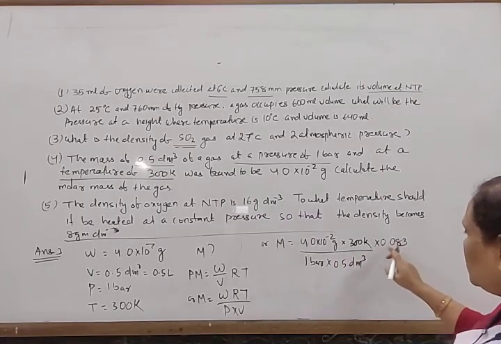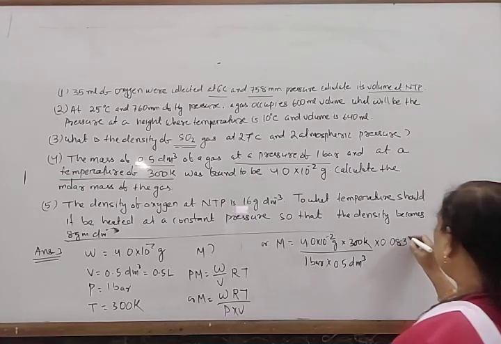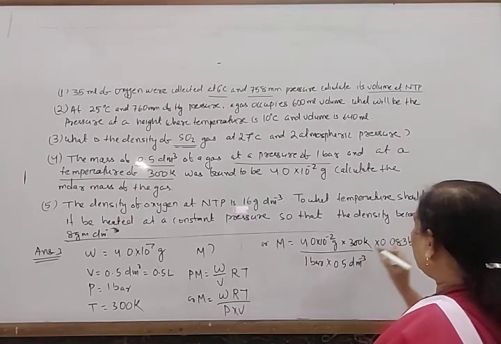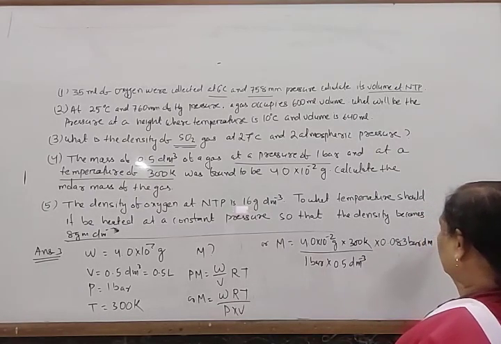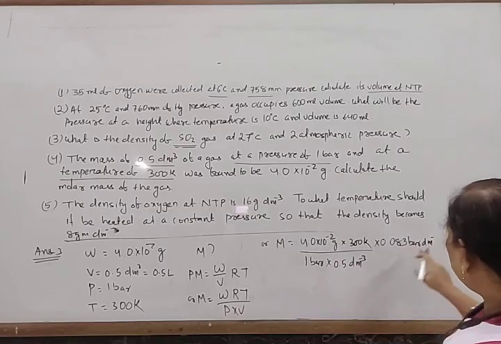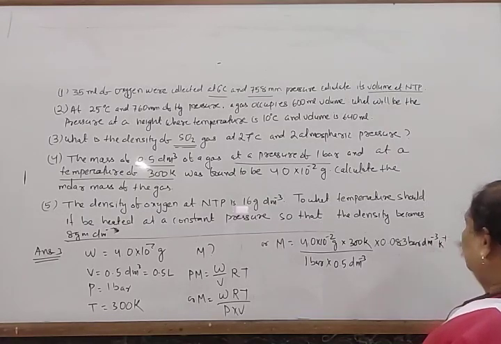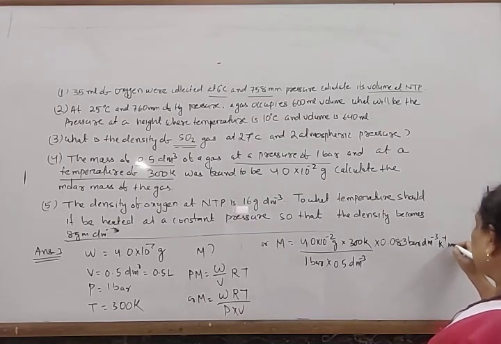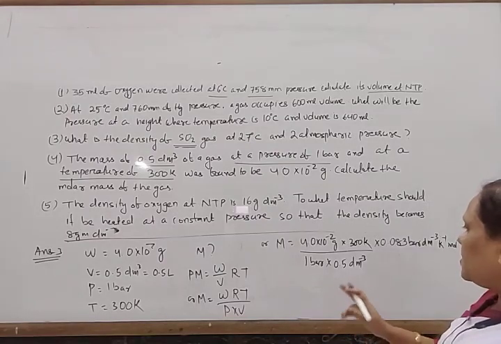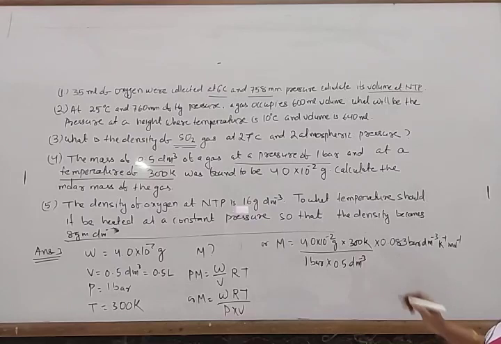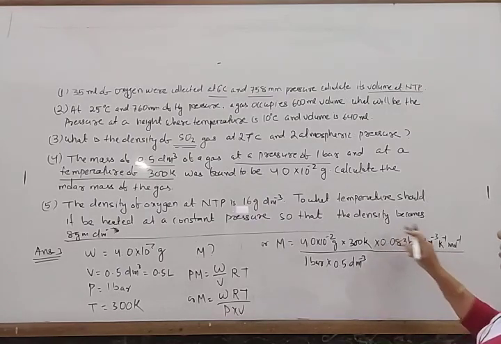So write down 0.083 bar dm³ Kelvin inverse mole inverse. So this much is the value of R.